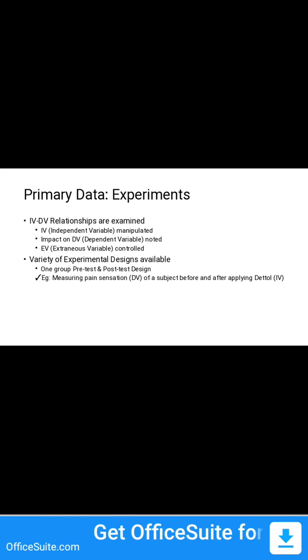Now this becomes an extraneous variable, because use of a painkiller will also have an impact on the pain sensation, which is the dependent variable. So we will control for this extraneous variable. We will ensure that none of our subjects consumes any painkiller. This is how we control the extraneous variables, or the confounding variables, or the intervening variables.